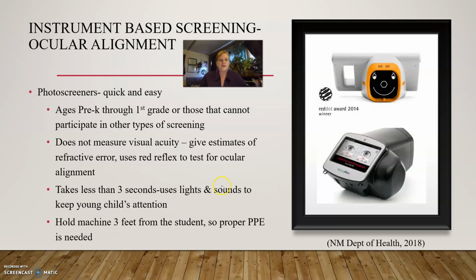We must hold the machine about 3 feet from the student, so proper PPE is needed. These do not measure visual acuity, but it does give an estimate of refractive error using the red reflex to test for ocular alignment. And these are examples of 2 of the vision photo screeners.